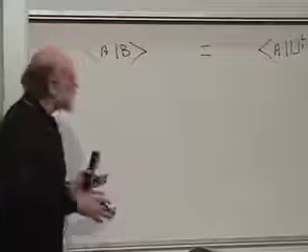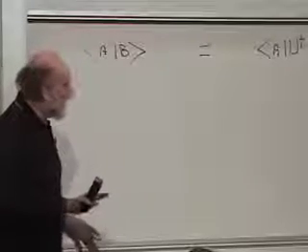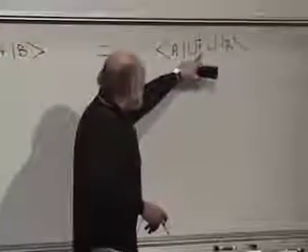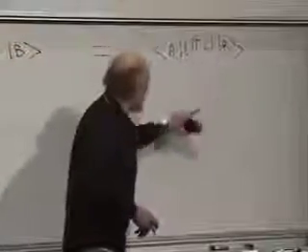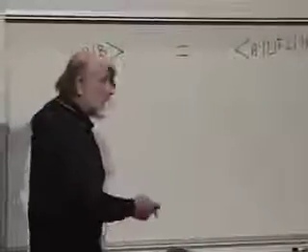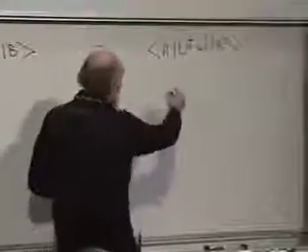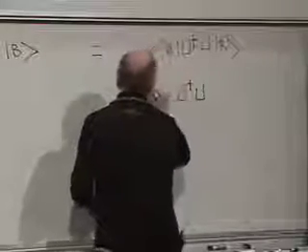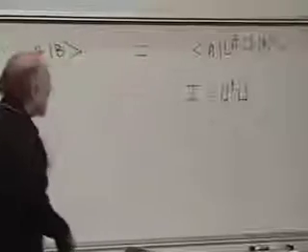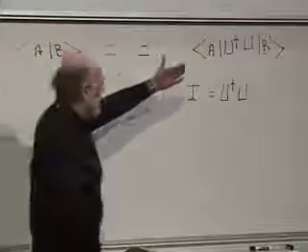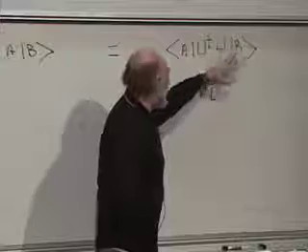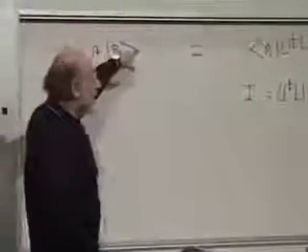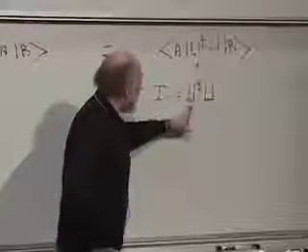But if for any vectors A and B, sticking an operator in between them does nothing at all, then it follows, this is a theorem, that U dagger U must be the identity operator. If you have some operator that when you sandwich it between any two vectors gives you back the inner product without the operator, then that operator is the unit operator.